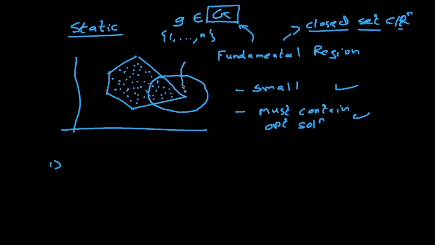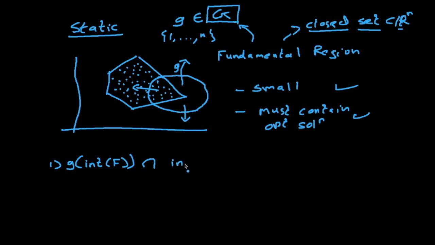So this point might map to this one, this point might map to this one, something like that, right? So that is G of any point inside the interior of F.